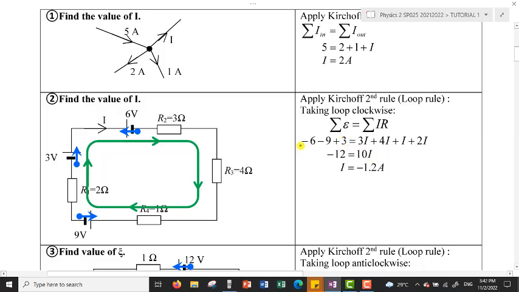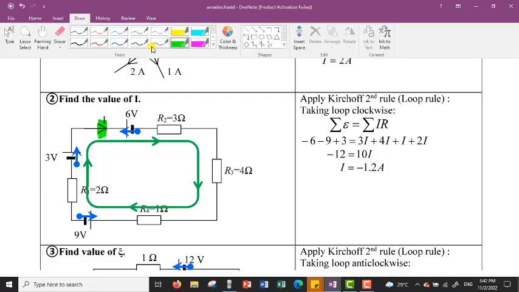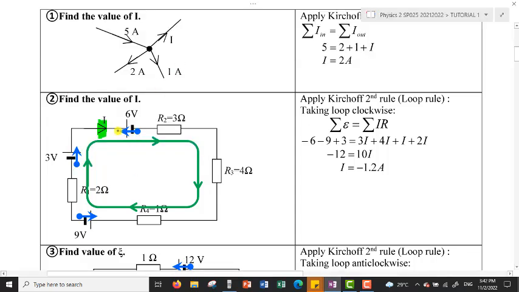Then we are done with all the EMFs in the circuit. We move on to the other side, where we consider the product of current with resistance. The current that flows in the circuit is I, and the question already marked the direction of current for us. The current is flowing clockwise in the circuit loop, which is the same as the direction of the loop, so the current has a positive sign.